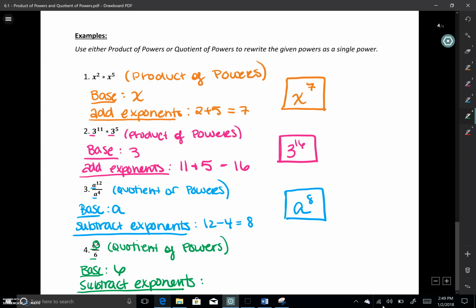In my numerator, my exponent is 3. And I'm subtracting, well, what's my exponent in the denominator? I just have a 6. So when there's no number there, like usual, even though I don't see it, I should know that my number is 1. So I'm really doing 3 minus 1. 6 to the first power equals 6. And that will give me 2. So my final answer is 6 squared, keeping the base, tacking on the new exponent.